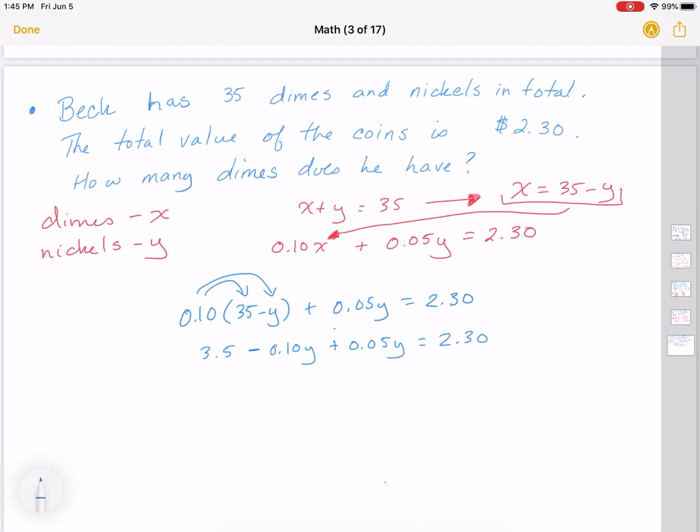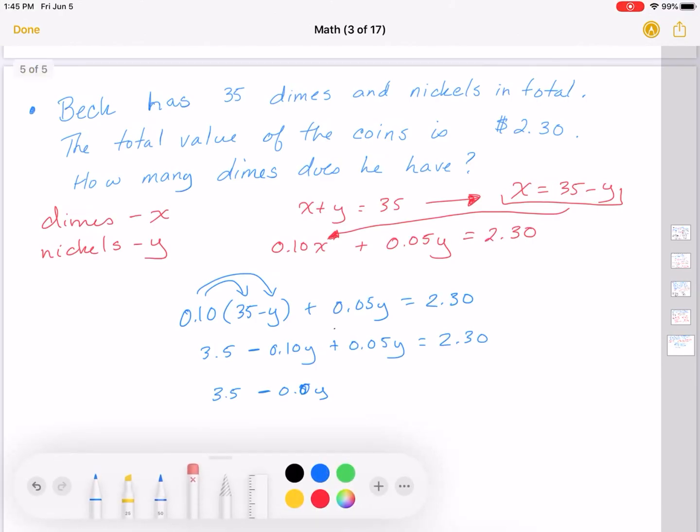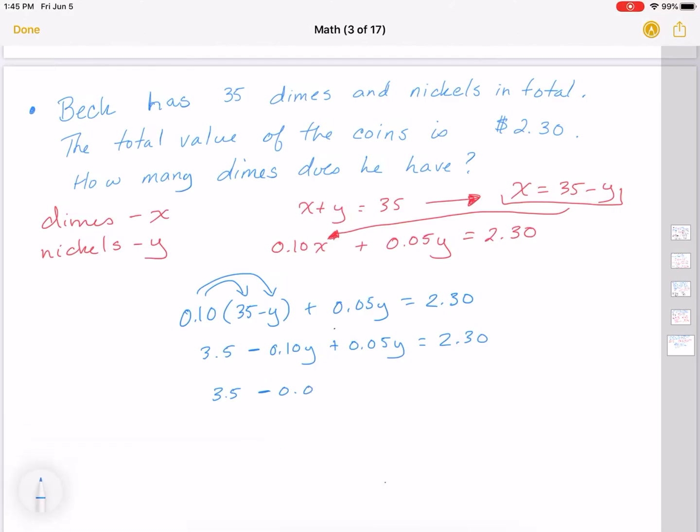Let's combine our like terms. So 3.5, I've got minus 0.1 and 0.05, so I'm going to have minus 0.05Y. Oops, made a mistake. 0.5. Y equals 2.30. Move the 3.5 over by subtracting.